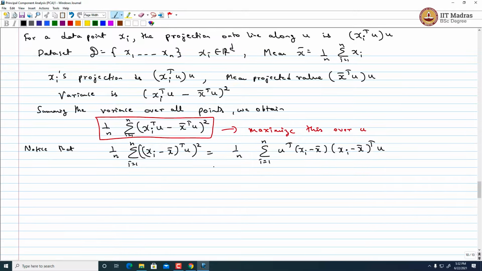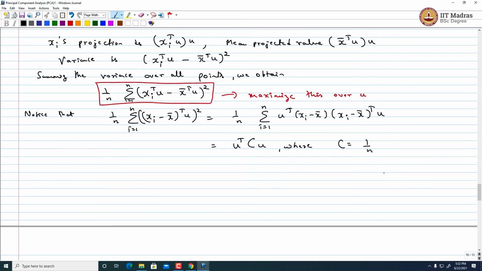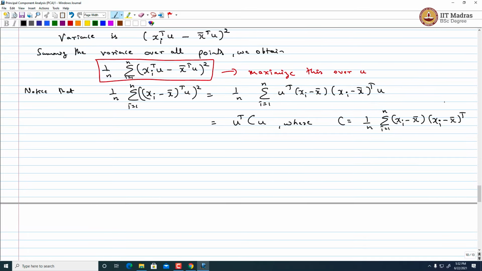And this is nothing but u transpose Cu, where C is as before: C is 1 by n summation of (xi minus x bar) into (xi minus x bar) transpose. So you see that even when you are trying to maximize the variance, you get the same matrix.